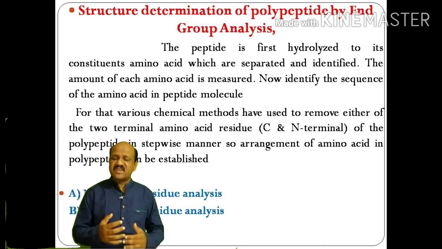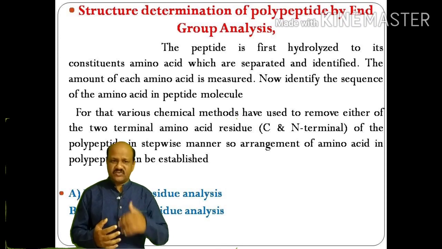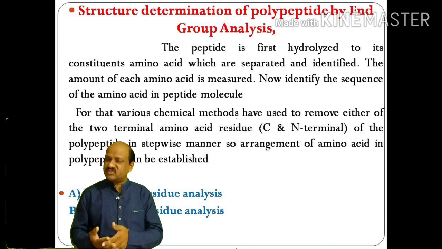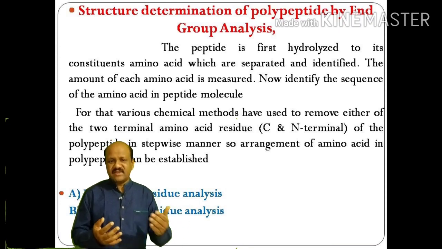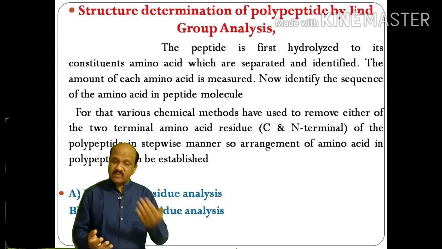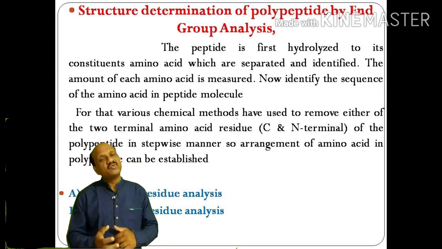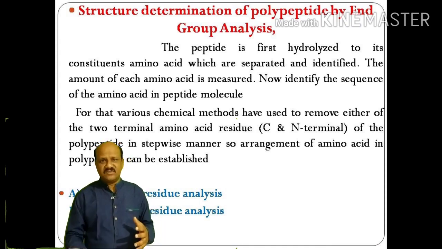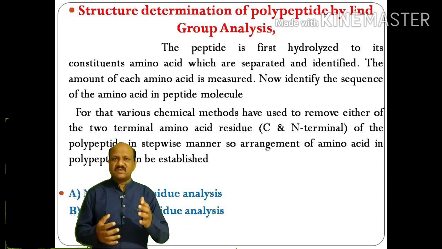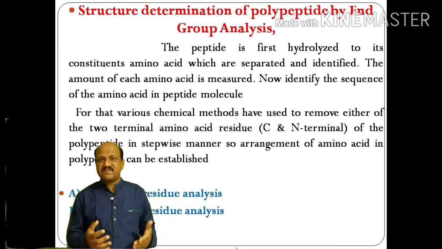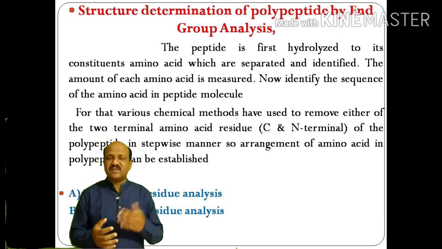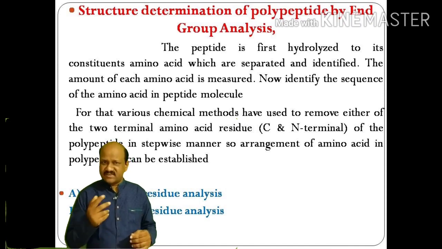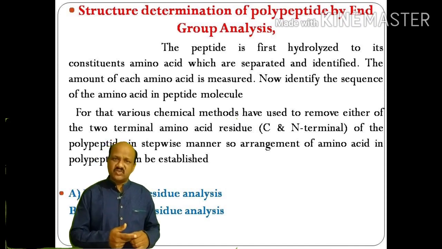For that, various chemical methods have been used to remove either of the 2 terminal amino acid residues, that is the carbon terminal and nitrogen terminal, of the polypeptide in a stepwise manner, so the arrangement of amino acids in the polypeptide can be established. So, by using this concept of end group analysis, we can determine the structure. There are two methods, that is N terminal residue analysis and C terminal residue analysis.